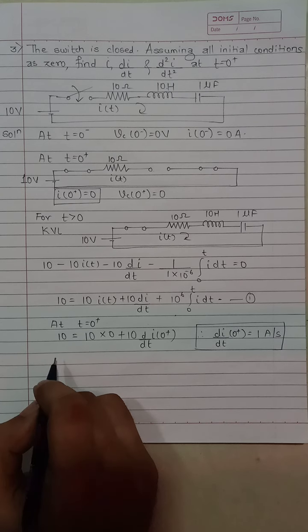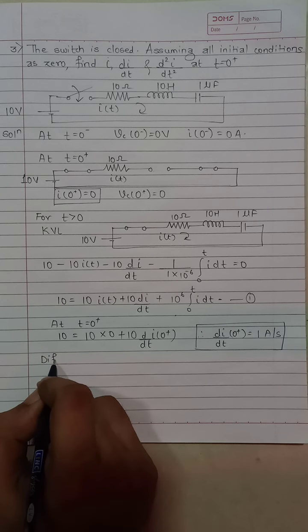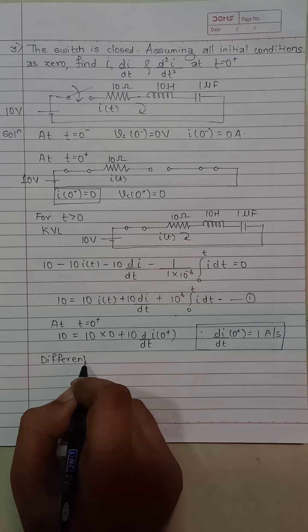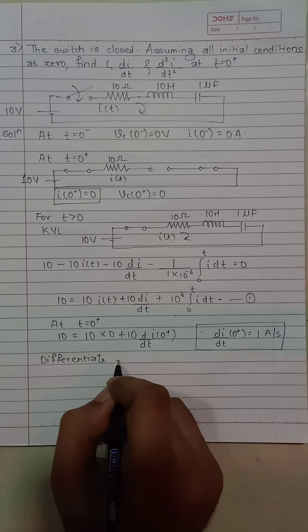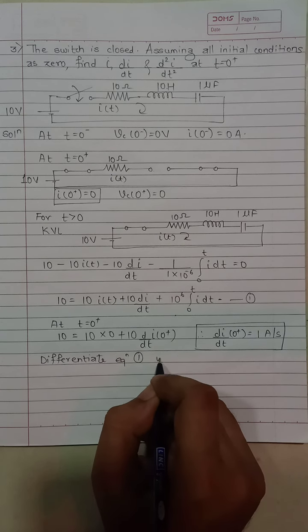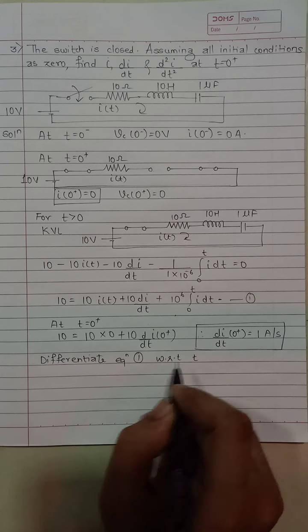Now we can find d square I. So I will differentiate equation 1 with respect to t.